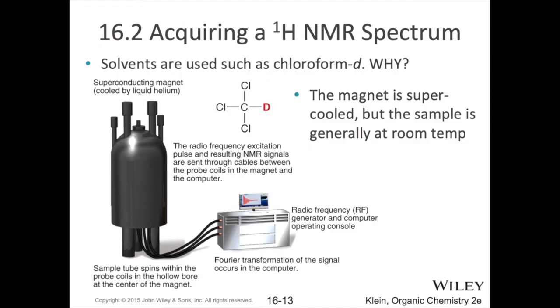So in other words, in ordinary chloroform, that hydrogen would give a signal that might get mixed up with the hydrogens of our solute, the chemical we're actually trying to study. By using deuterium, which doesn't show up, we don't have to worry too much about these hydrogens interfering with our signal.